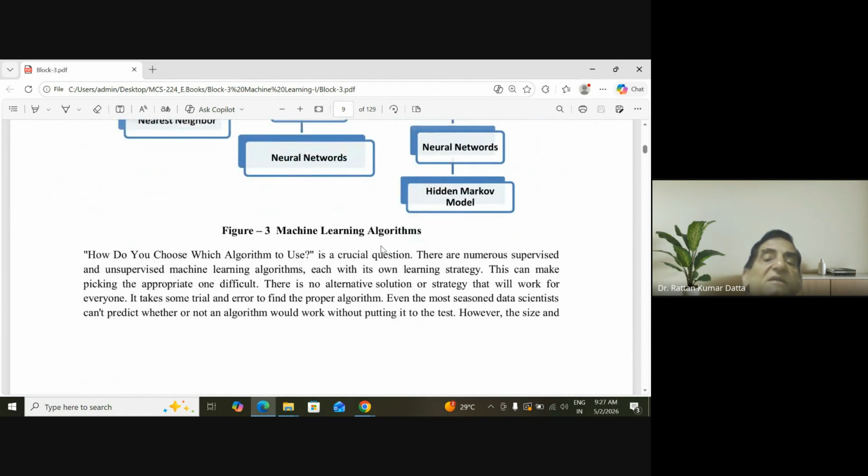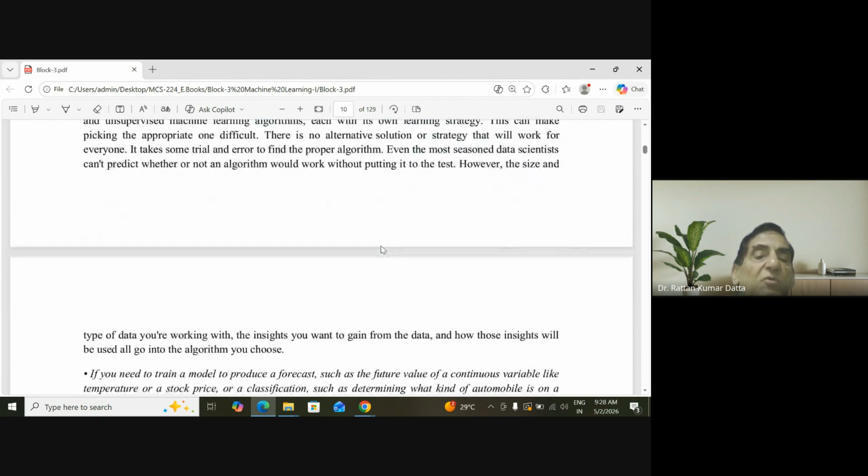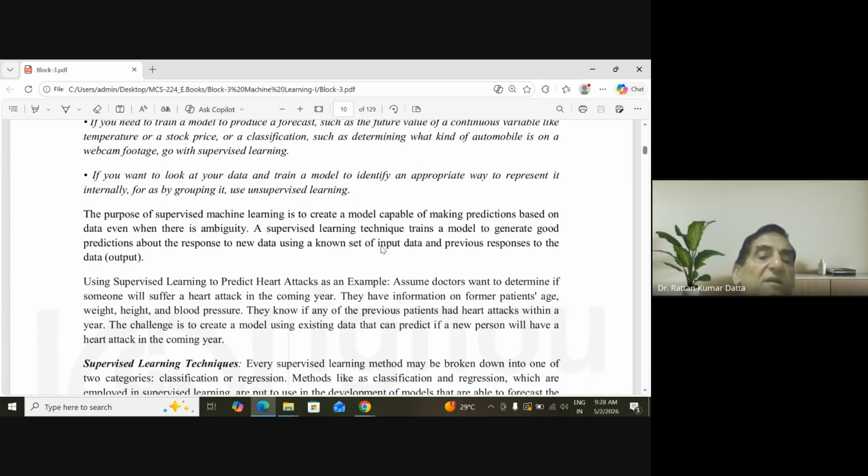These are the various algorithms which are talked about. Whichever algorithm you use, that's what is talked about.